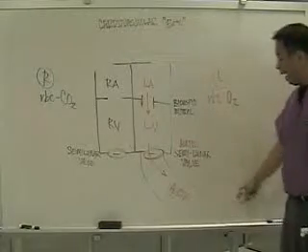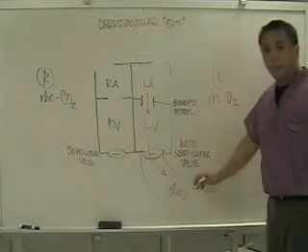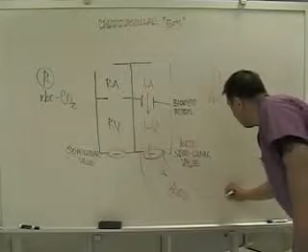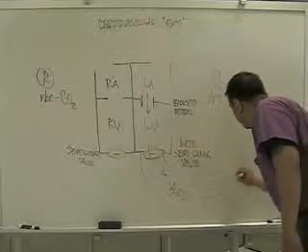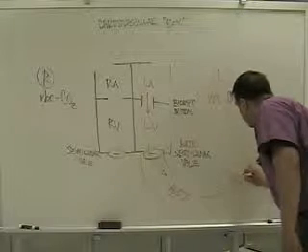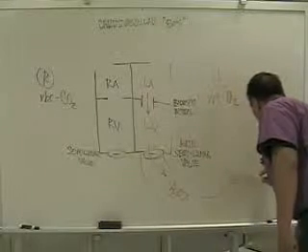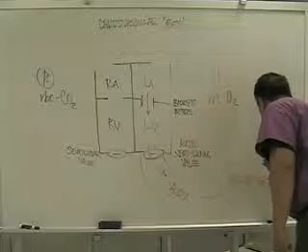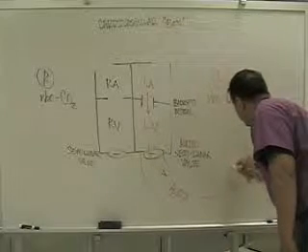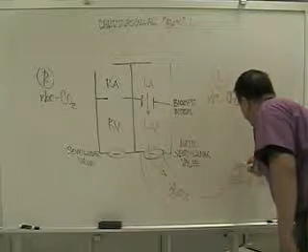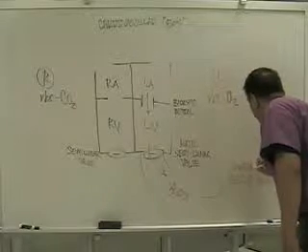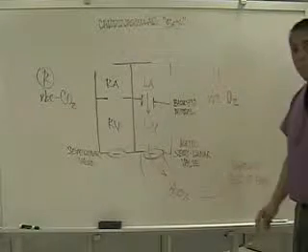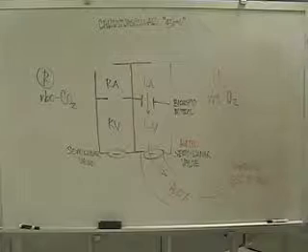Now, after it goes to the aorta, it goes to the rest of the body. Also known as your systemic circulation. Okay.